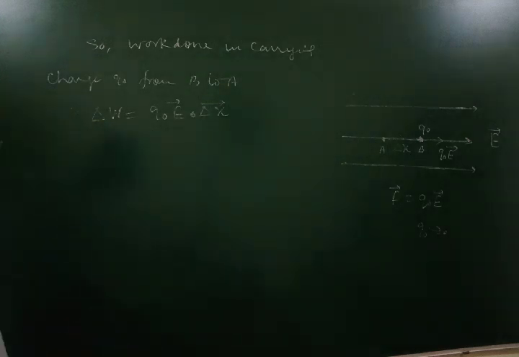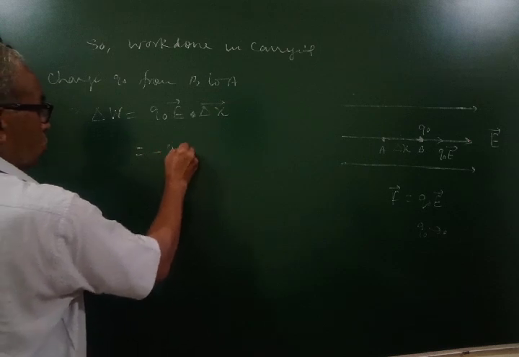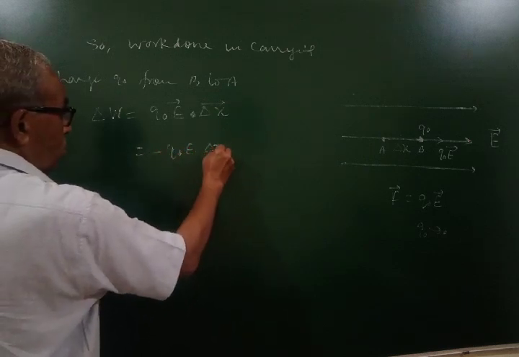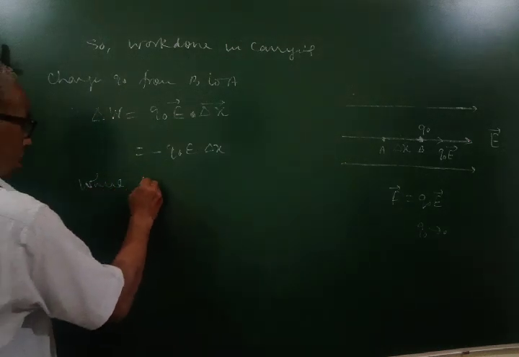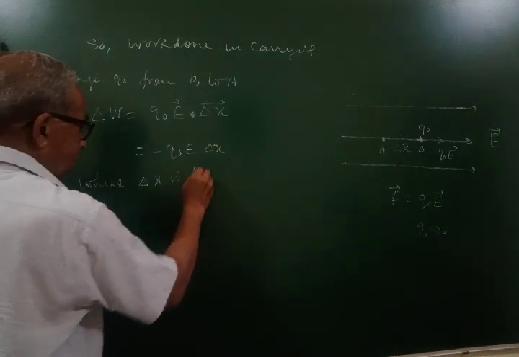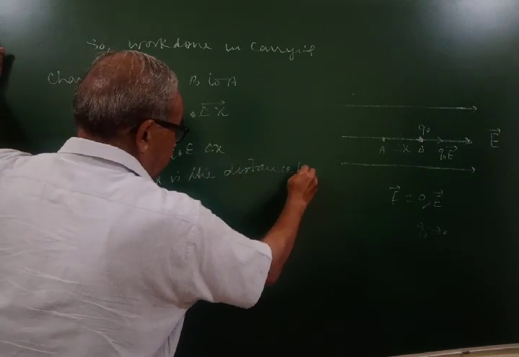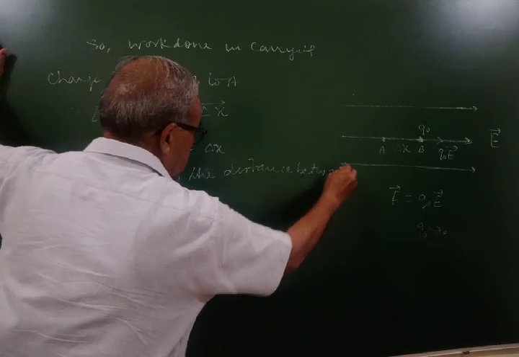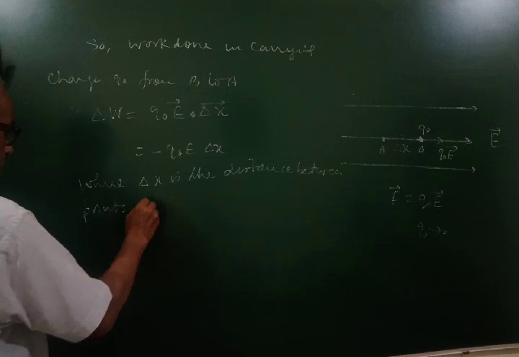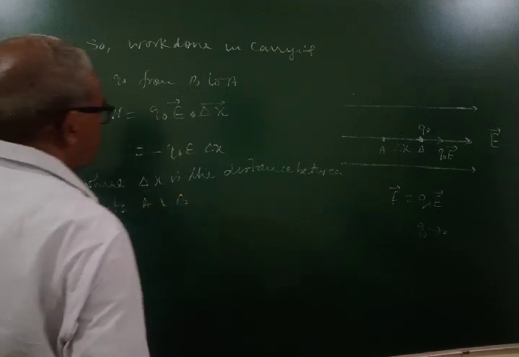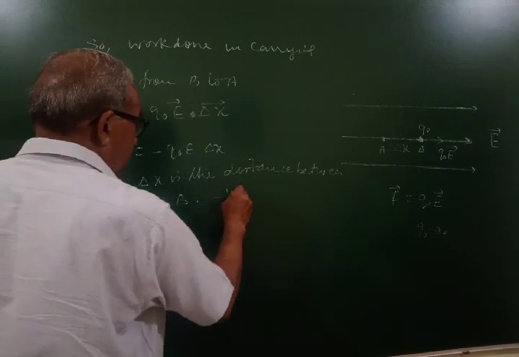Now the dot product gives minus Q0E delta X, where delta X is the distance between points A and B. The minus sign is there because of the negative sign.